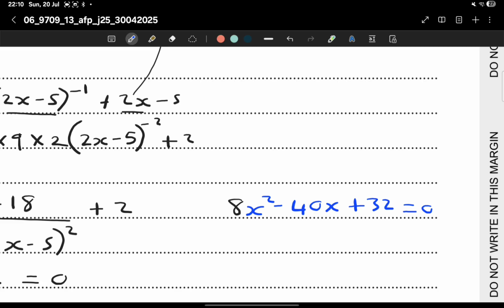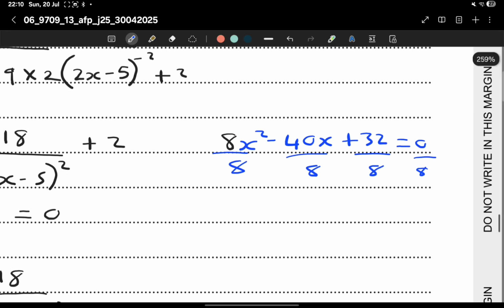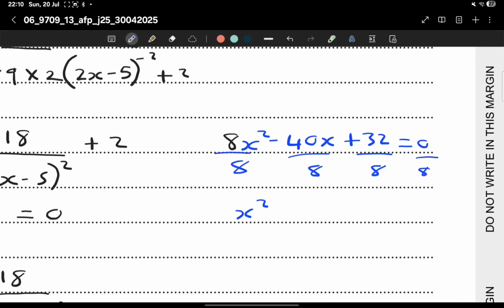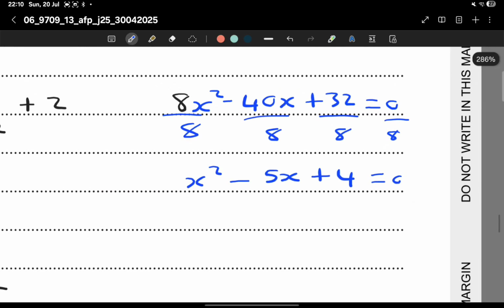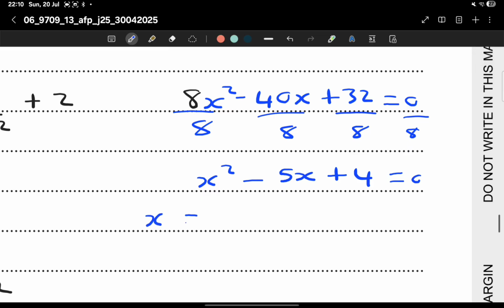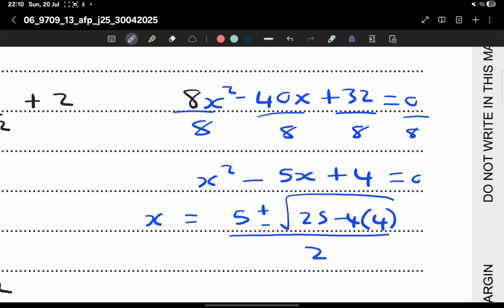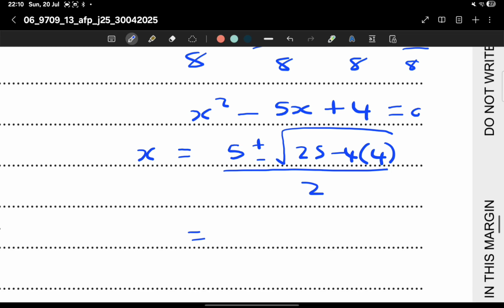And for this, we divide everything by 8. So this will be x squared minus 5x plus 4 equals 0. Then we use the quadratic formula, x equals 5 plus or minus the square root of 25 minus 4ac, over 2. And punching this in our calculators, we get x equals 4 or 1.